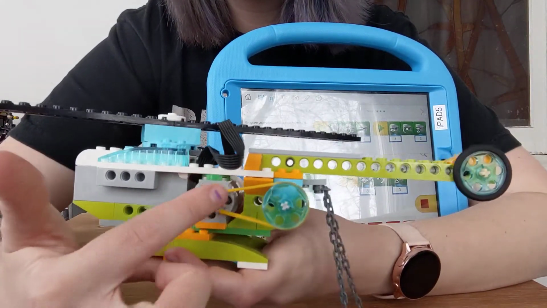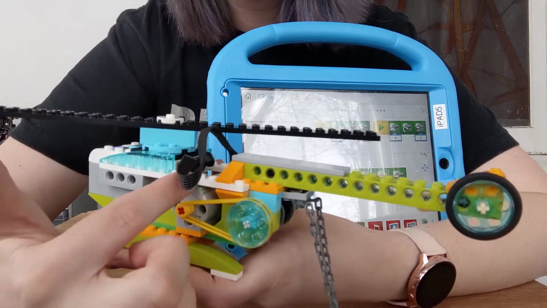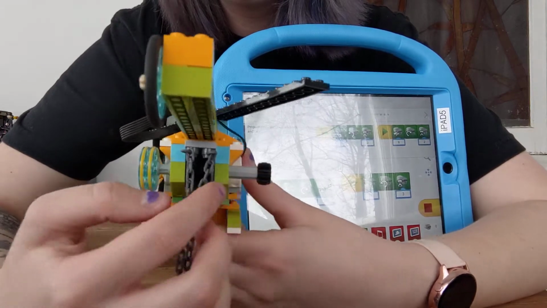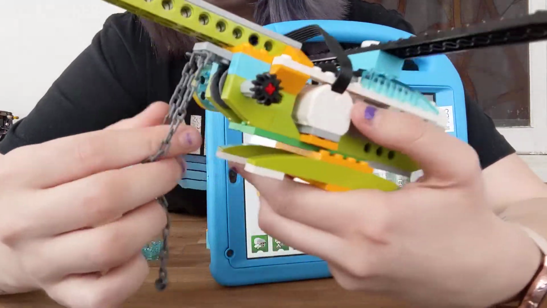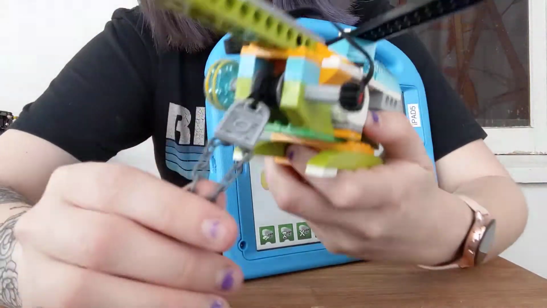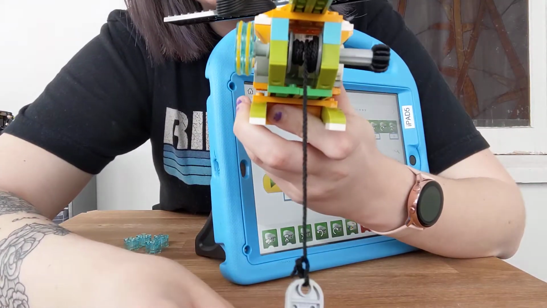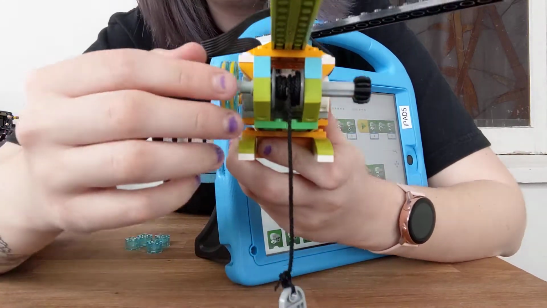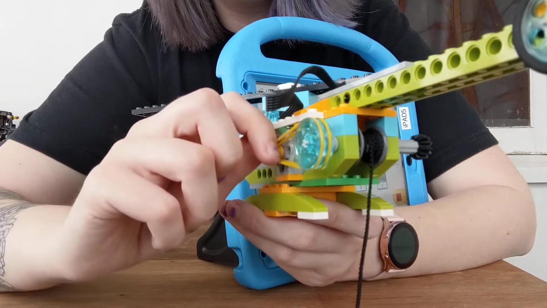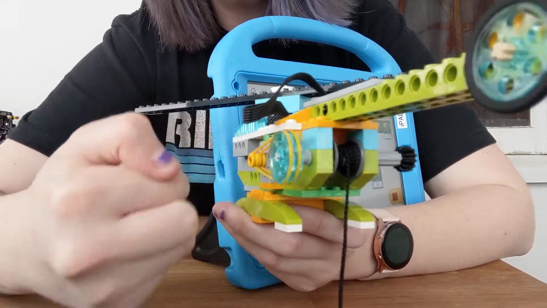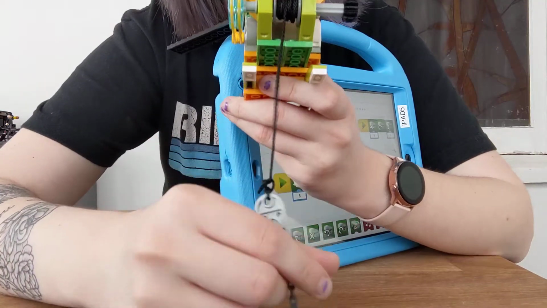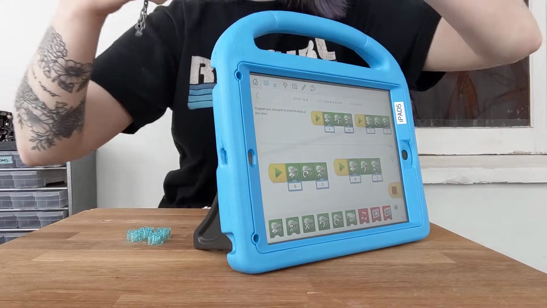The motor is connected to gears here, or rubber bands that work like gears, and that is connected to, here, let's lower it a little bit so you can see a little better, that is connected to this kind of rope thing. And so then when the motor moves, depending on which direction it moves, if it's moving this way, then it's raising the rope. If it's moving that way, then it's lowering the rope, which then raises or lowers the chain.